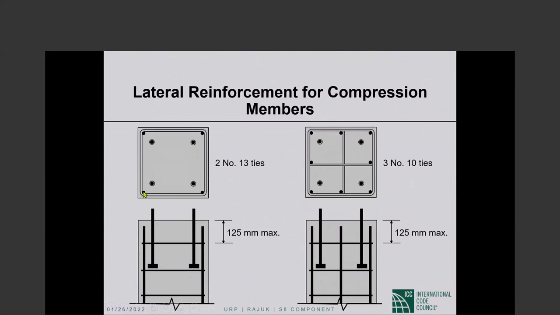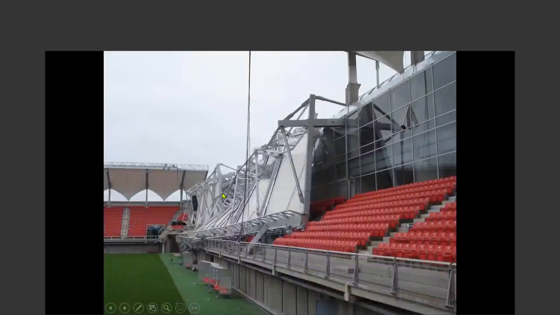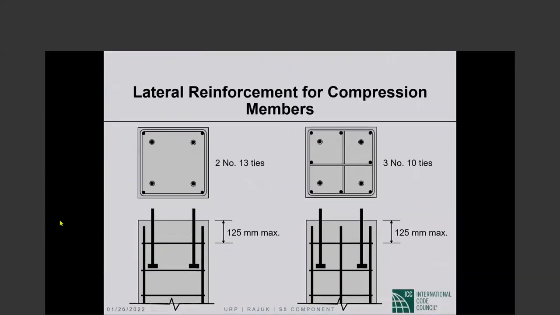So you have to have ties, as we said, 3 number 10 or 2 number 13 ties within this 125 millimeter distance that go around the vertical bars.